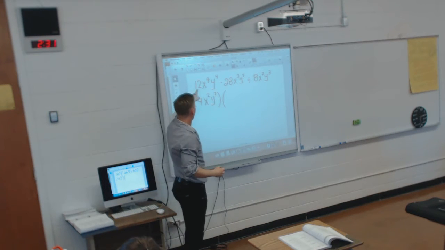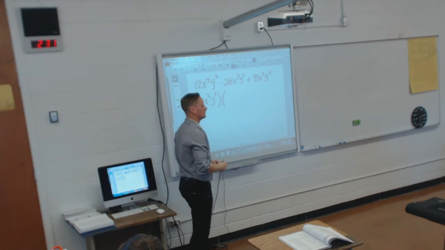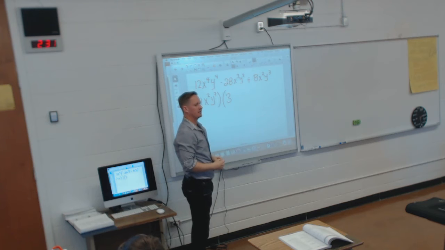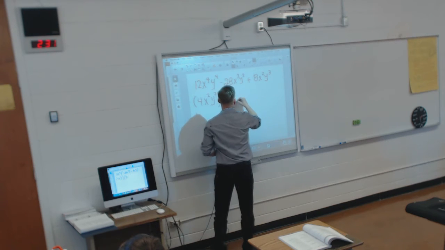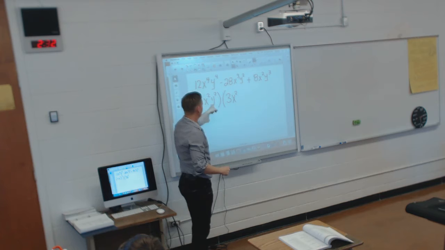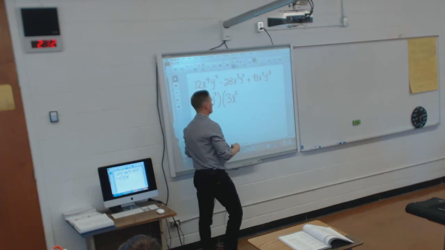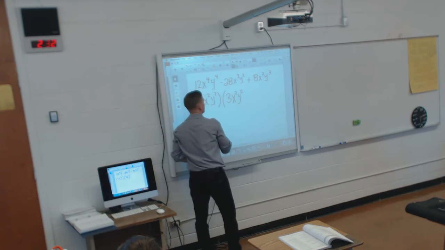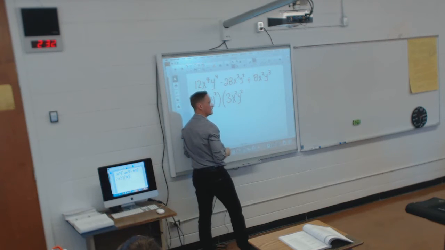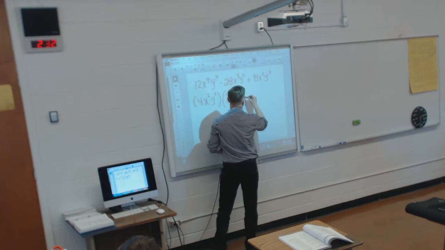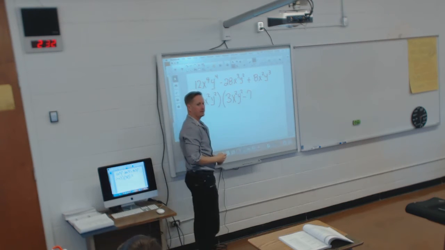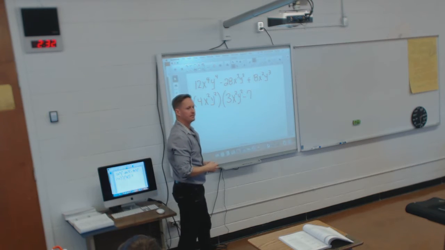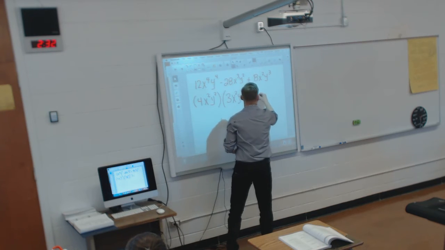All right. 12 divided by 4 is 3. X to the fourth divided by x squared: x squared. Y to the fourth divided by y squared: y squared. Minus 28 divided by 4: negative 7. It's important. X cubed divided by x squared: x.